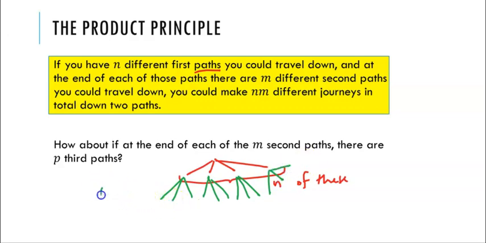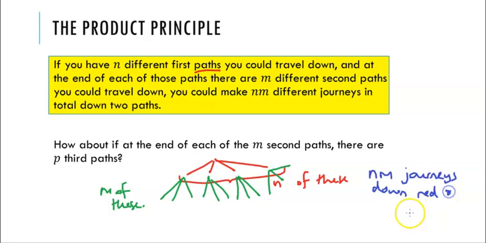So m of these. So we know that there are a total of n times m different journeys down the first 2 paths. N times m journeys down red and green paths.